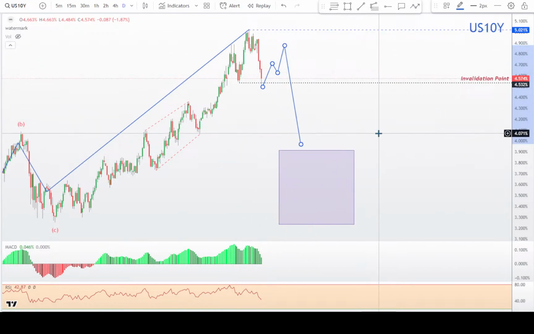Yeah, definitely. The correction up definitely forms the right shoulder. I like that a lot. That's exactly what I see.